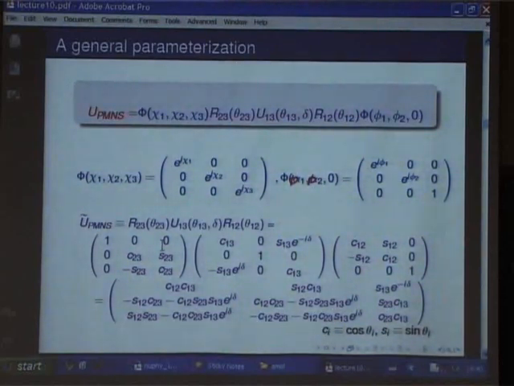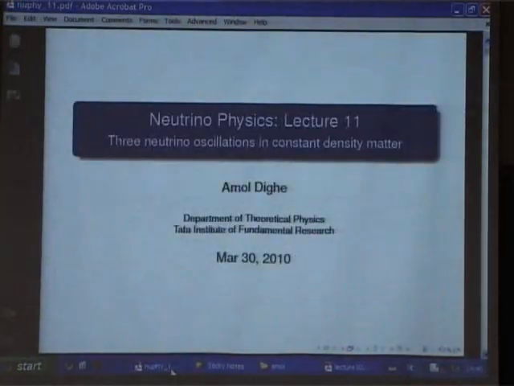So, in order to study neutrinos, our first aim is to figure out the values of these parameters. So, we try to figure out theta 1,2, 2,3, 1,3, and delta. There is one more unknown, which is the sign of delta m square atmospheric.